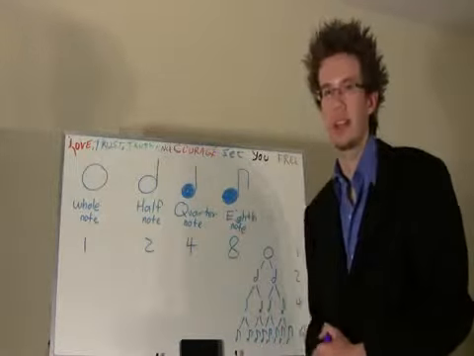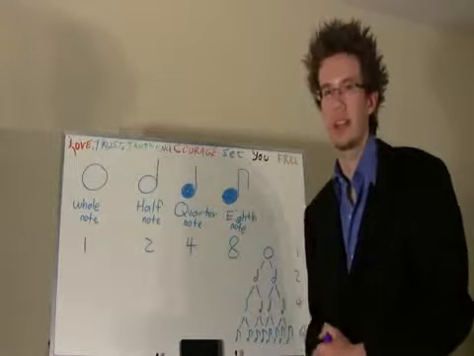So we have sort of a way to do this. Basically, a whole note is twice the size of a half note. So 2 half notes have to make up 1 whole note. That's how it works. And 2 quarter notes equal 1 half note.